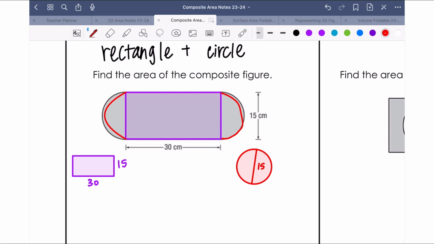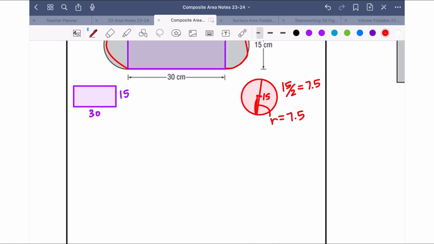So what is half of 15? 15 divided by 2 is 7.5. So my radius is 7.5. Okay, and I know I'm going to need the radius because of the formula. So let's do the rectangle first.